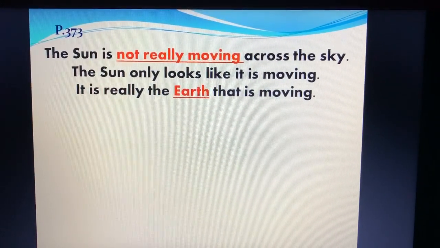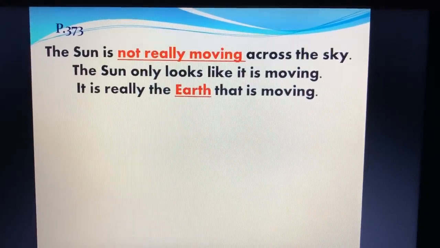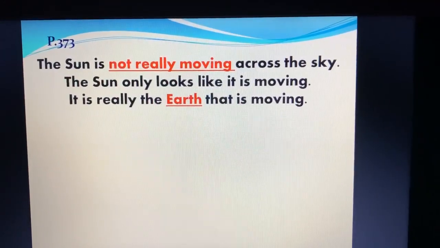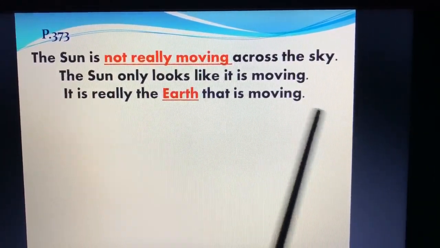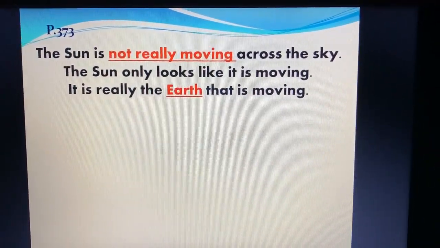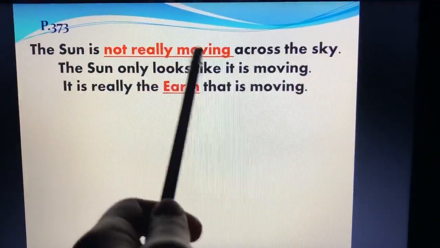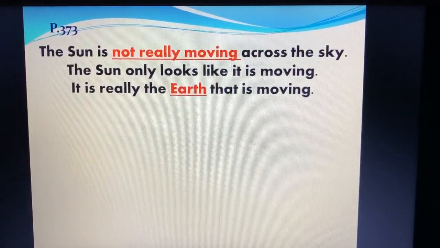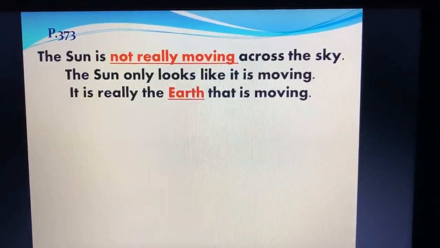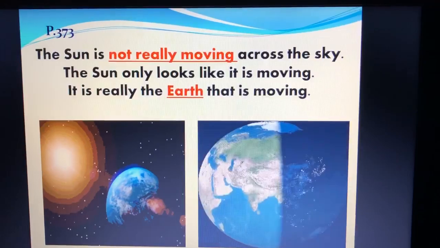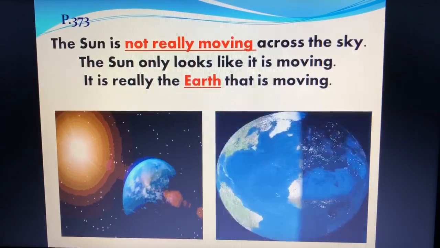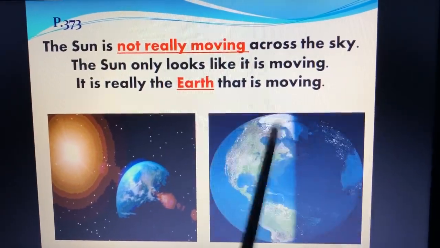Then what is moving across the sky? The sun only looks like it is moving, but it is the earth that is moving. We said before that the earth is spinning, which is the rotation, right? So the earth is moving, not the sun.